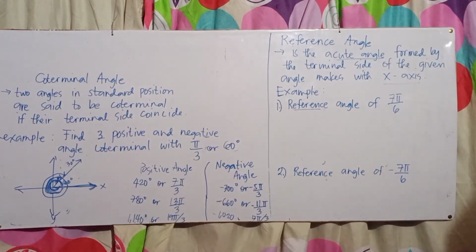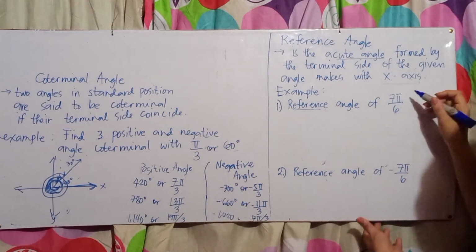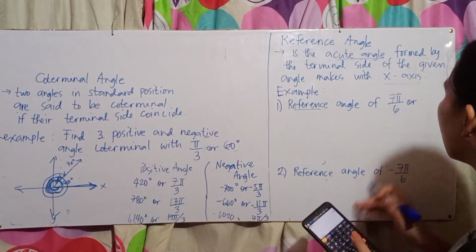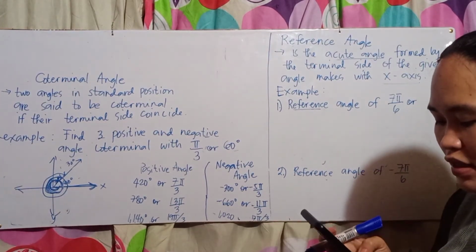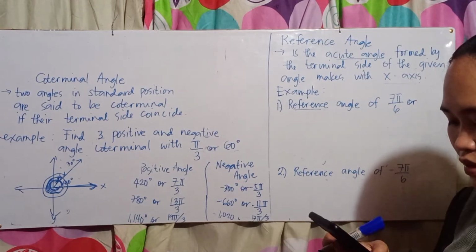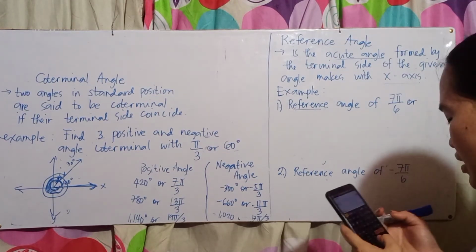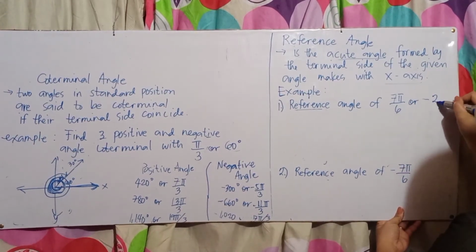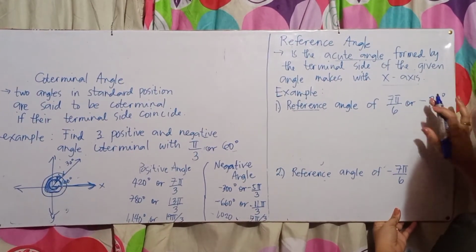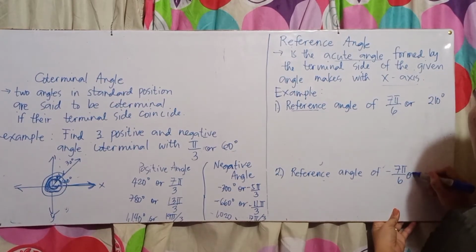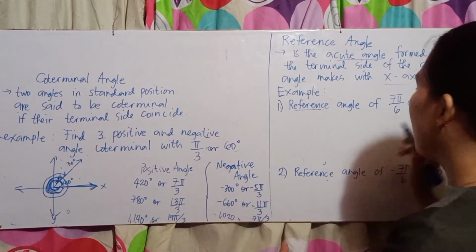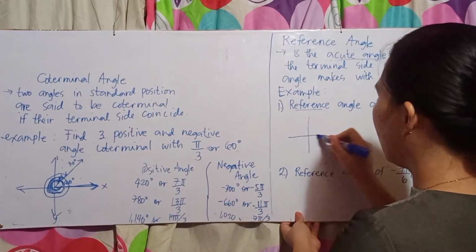Okay, so the reference angle of 7 pi over 6, so pag i-convert, 7 times 180 divided by 6. So, 210 degrees. Positive. So, pag i-show na to na, asa na sila dapit.